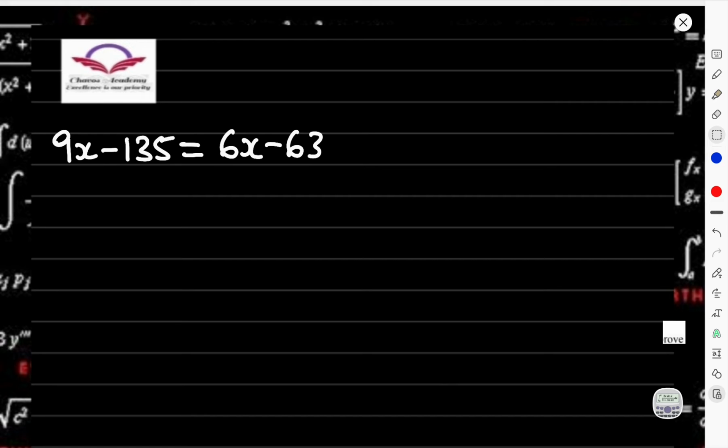We're going to have 3x equals negative 63 plus 135. Then we divide both sides by 3.